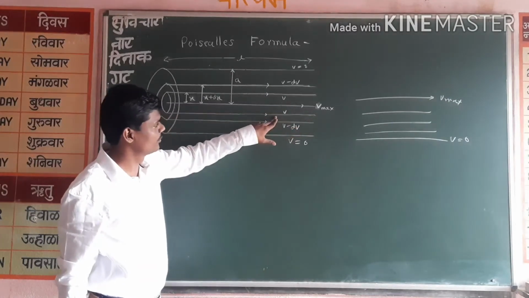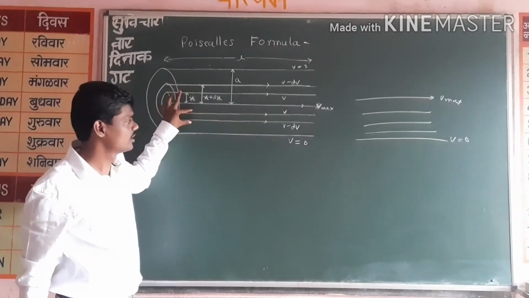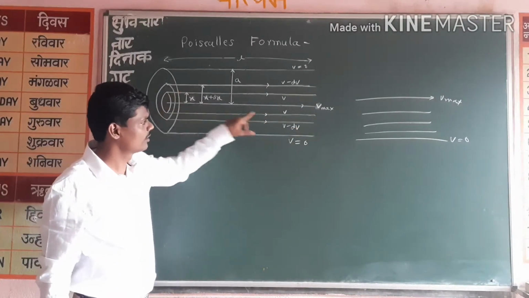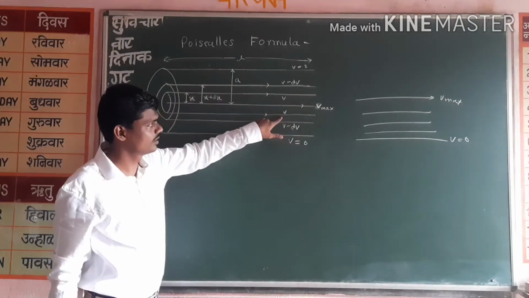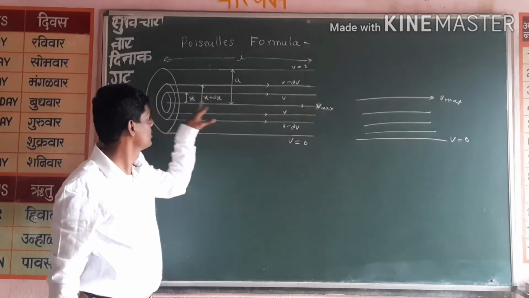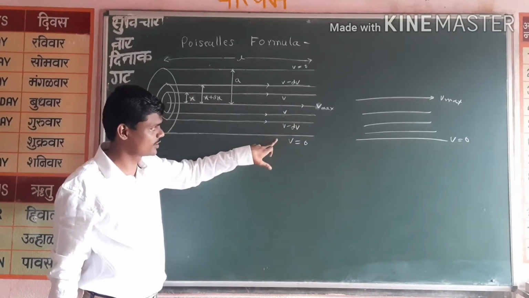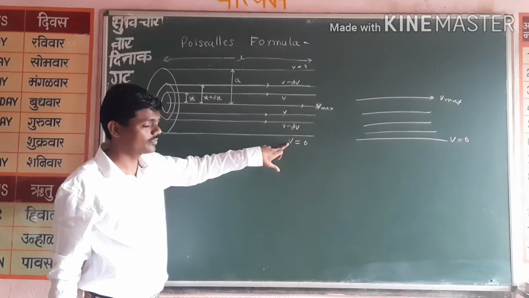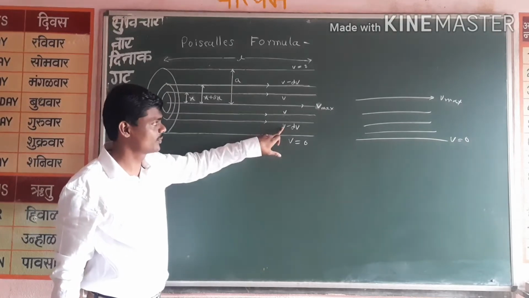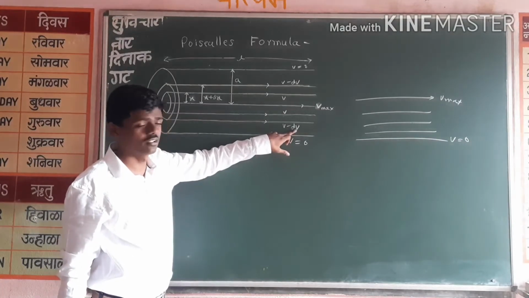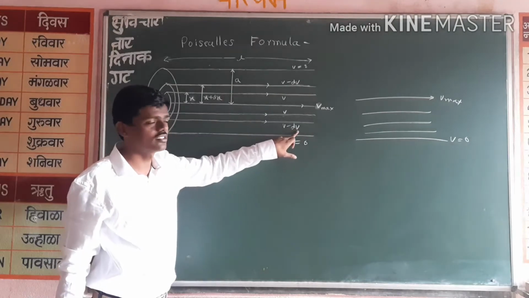Now we are considering this cylindrical layer of liquid. This layer's inner radius is x and its velocity is v. Of course, the outer layer is closer to the velocity 0 layer, hence its velocity is some amount less, dv, so v minus dv.